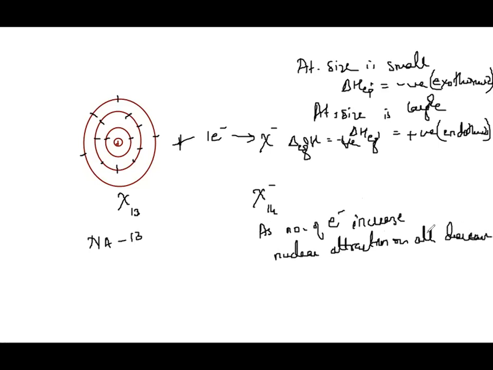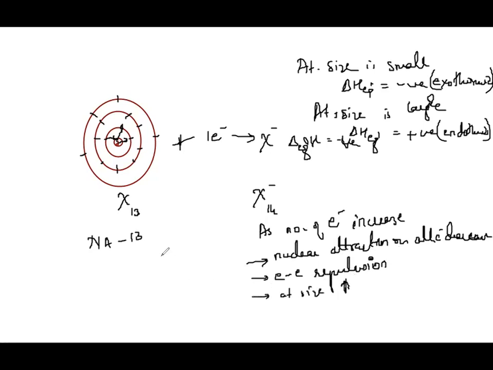It decreases on all electrons, because here the nuclear attraction is for 13 electrons, and in this case the nuclear attraction will be for 14 electrons. So it divides among 14 electrons. And also, since the electron number increases, there is electron repulsion. So atomic size will increase.